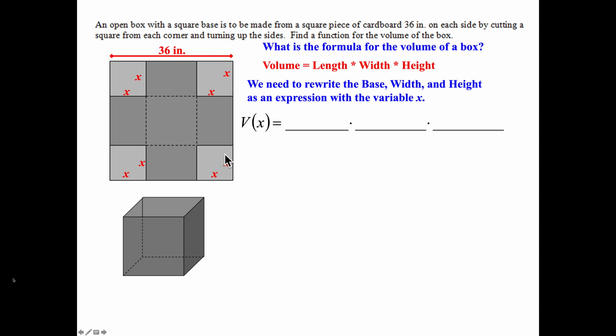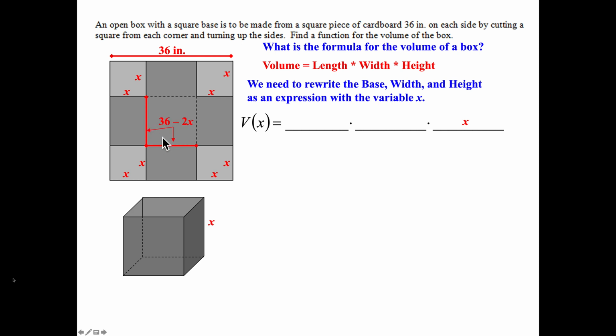So now if I cut that out and I fold this up, that means the height of my box is x. So that's the height. The length and the width are these dotted lines right here, the bottom of my box. Well, let's see, how are we going to find those values? It's 36 inches this way, and then I chop off an x and I chop off another x, so that's taking off 2 x's.